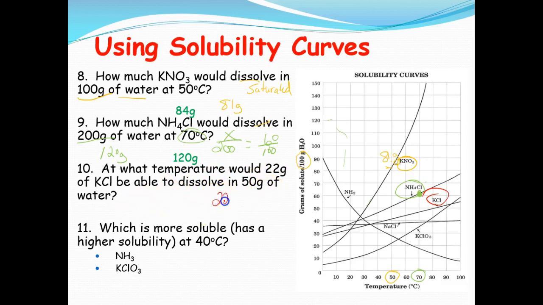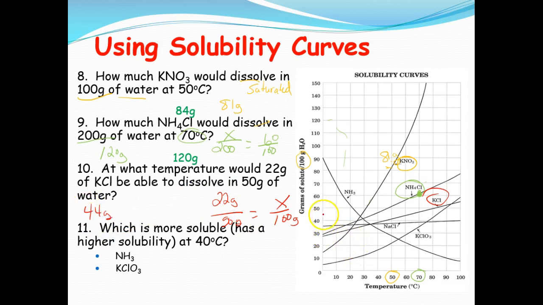We want 22 grams in 50 grams of water, and we know this chart does 100 grams. We want to know this here, so we cross multiply, get 2200 divided by 50, and we end up with 44 grams.